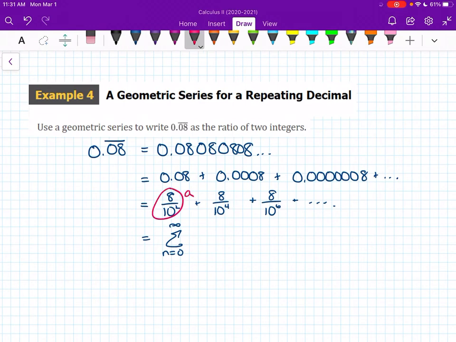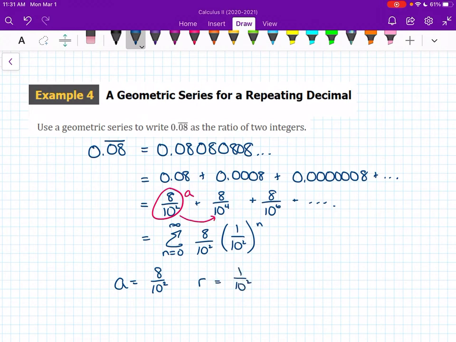Then to get from one term to the next, I'm multiplying by 1/100th. So I have 8 over 10 squared times (1 over 10 squared) to the n. You can write those as hundreds instead of 10 squared; it's completely up to you. So my a value is 8 over 10 squared, and my r value is 1 over 10 squared.